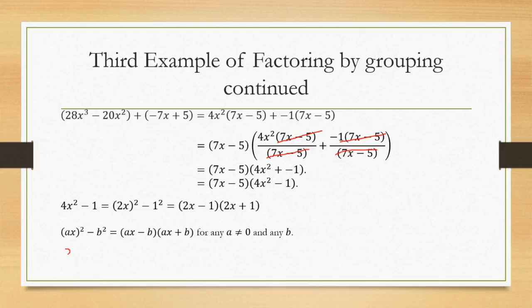So here, let me write it out. So we have 2x, let me put it in parentheses, squared minus 1 squared. And that's really what I have up here.